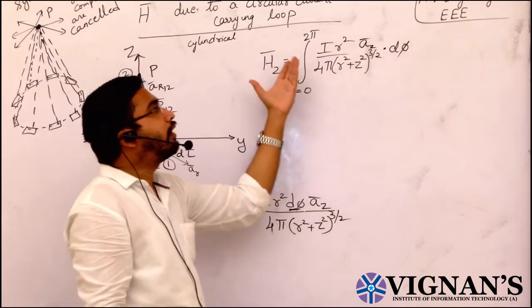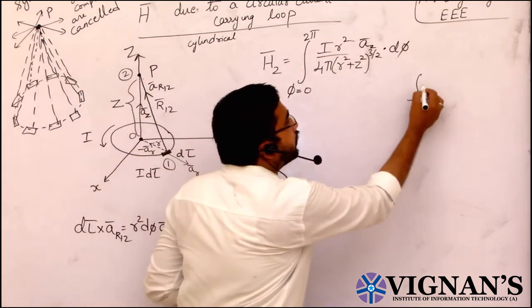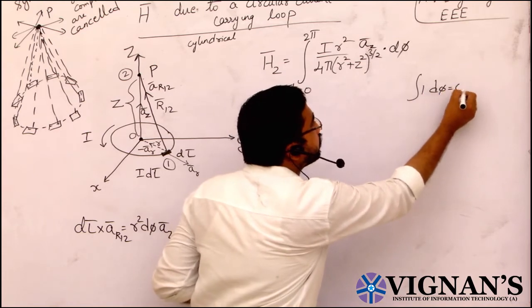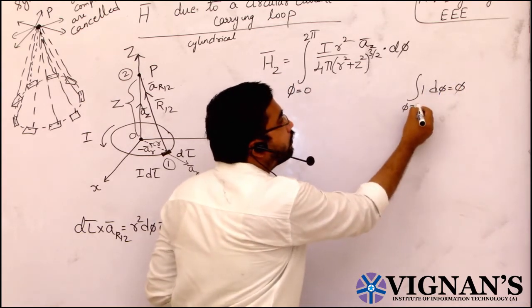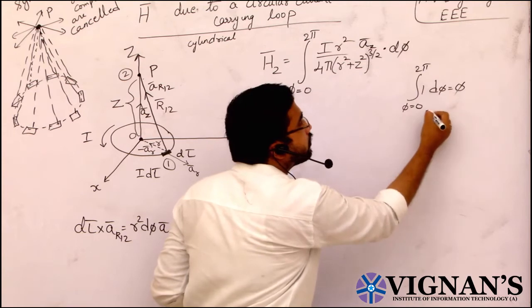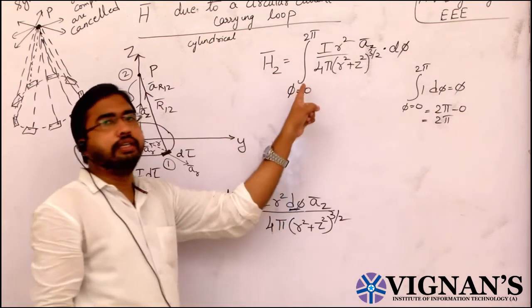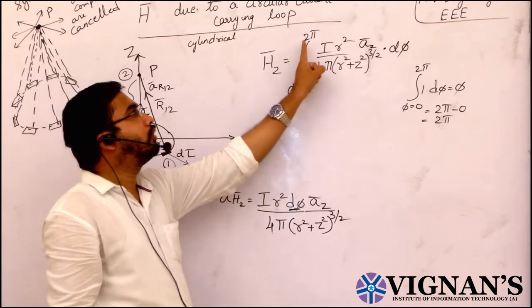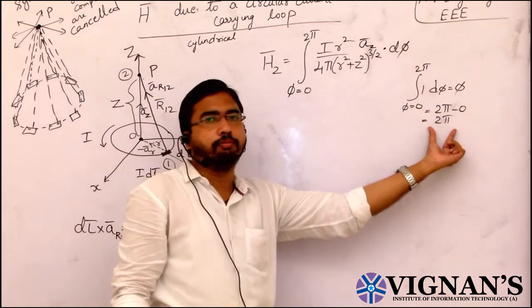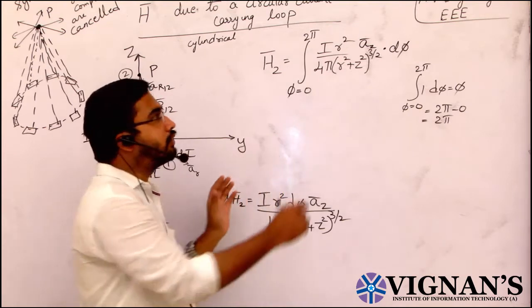Integral 1 d phi is equal to phi. If you vary it from 0 to 2 pi, you substitute 2 pi minus 0, that is 2 pi. So the integral of d phi from 0 to 2 pi is 2 pi. The remaining term is constant. We can leave it like that.